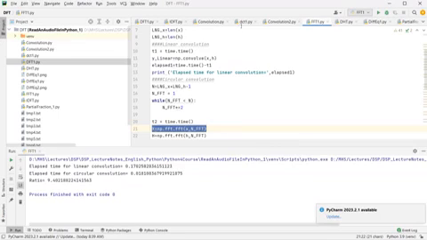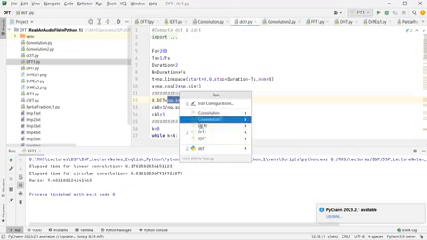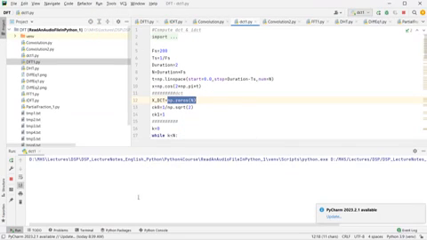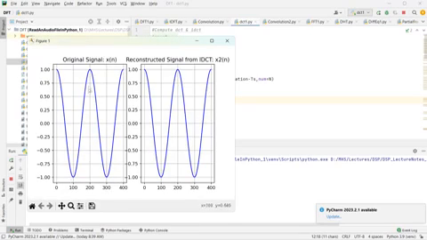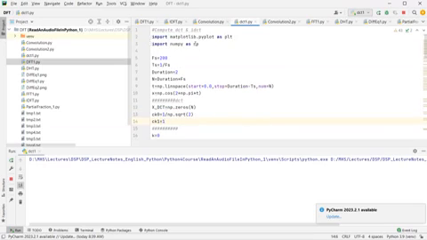Okay, let's find DCT. Here it is. The original signal, and the reconstructed signal from IDCT, denoted as x2 of n. We use NumPy and matplotlib.